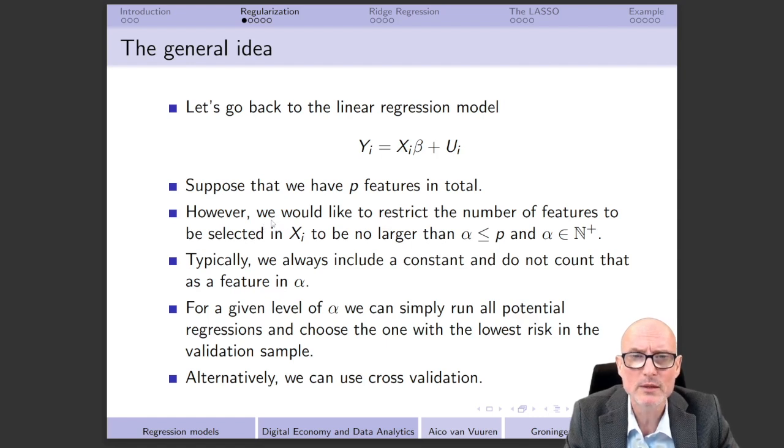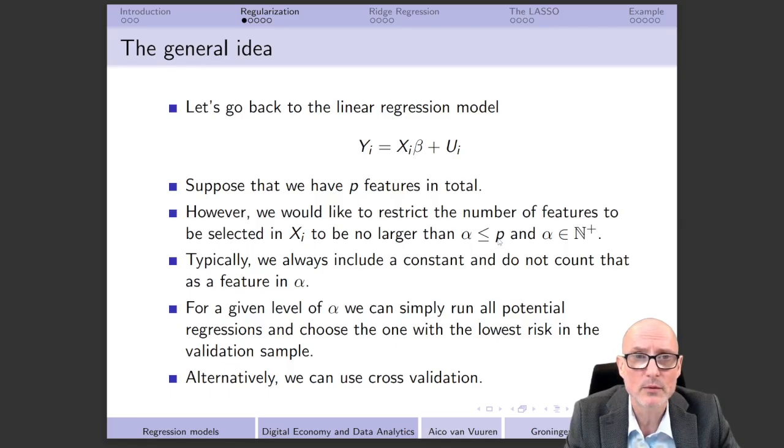One thing we could do is restrict the number of features selected in this general x_i to be no larger than alpha, smaller or equal to p.